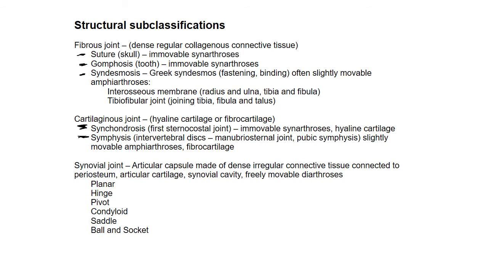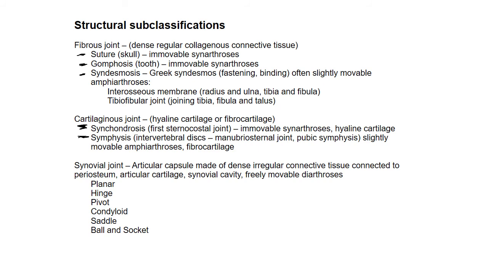A saddle joint is a type of condyloid joint, a little bit deeper. And ball and socket would be like your femur fitting into the acetabulum in the pelvic bone, the os coxa, or your shoulder joint. So those are the different subclassifications of structural joints.